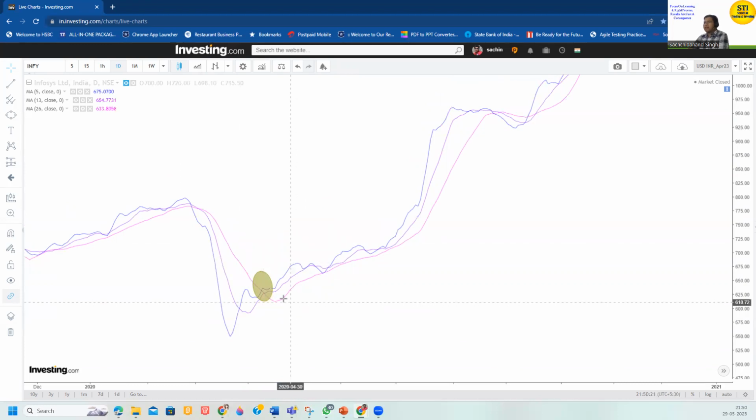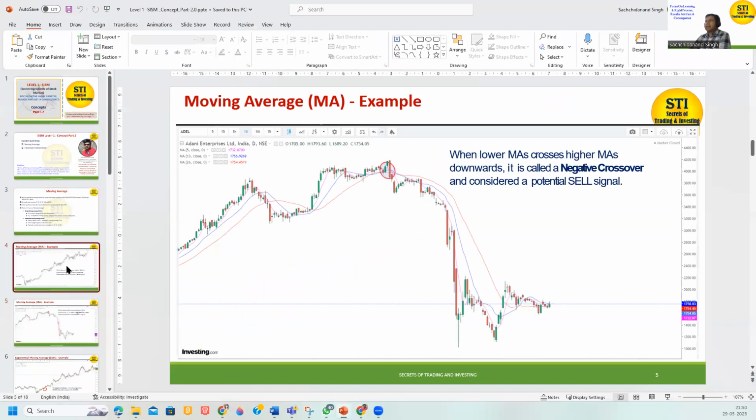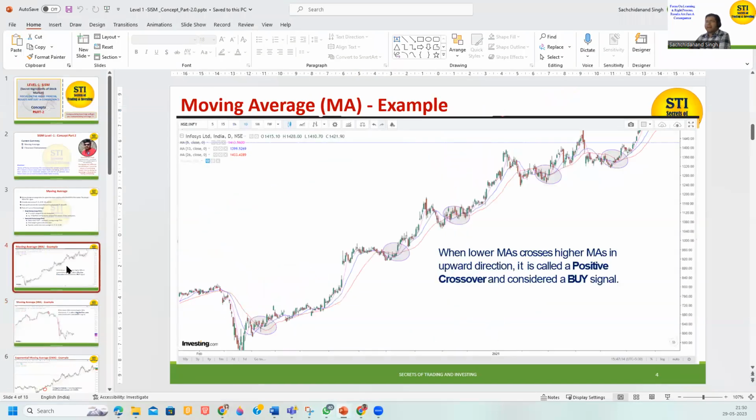Okay, so whenever on the stock market chart such a phenomenon happens, it is in general called a positive crossover, and it provides the buy signal. Okay, so buy signal means if we want to invest in some equity, some stocks, we can consider buying in that situation. So this is not the only one.